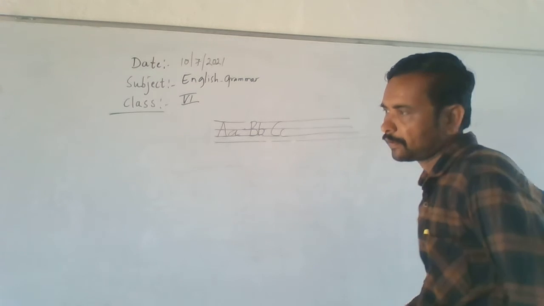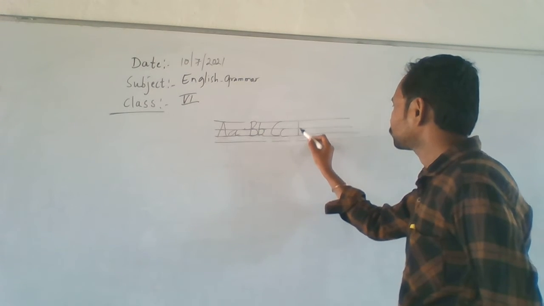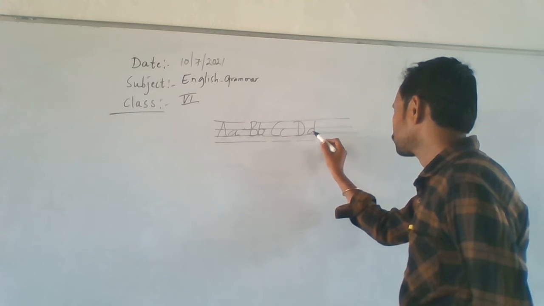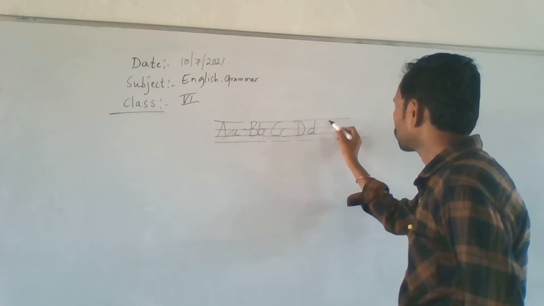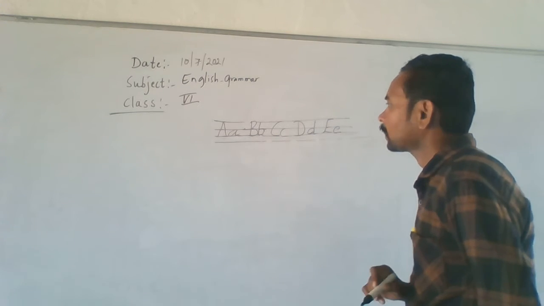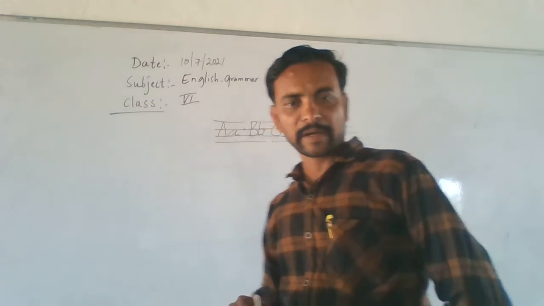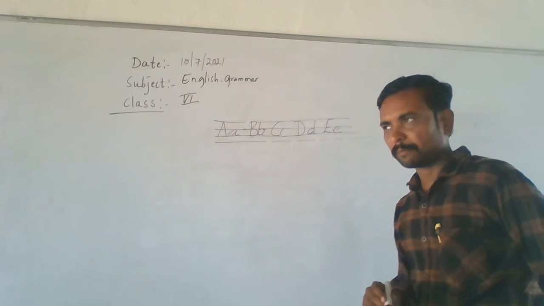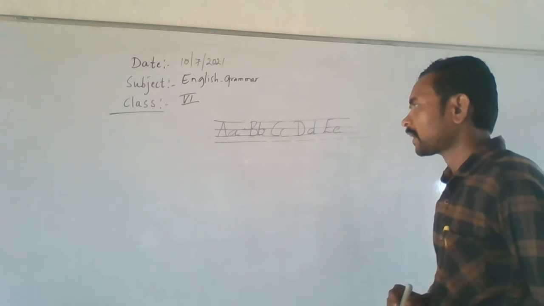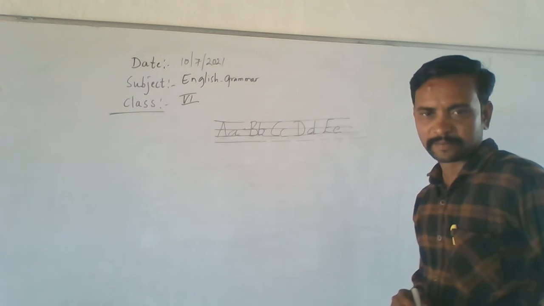C. So D. E. This is how you have to write alphabets, either capital letters or small letters, in 4 lines. This is how you have to practice.